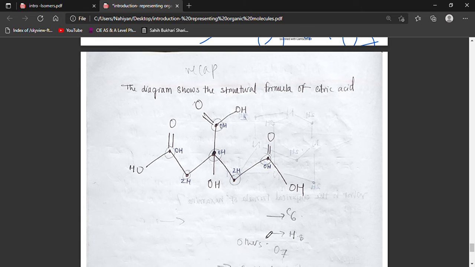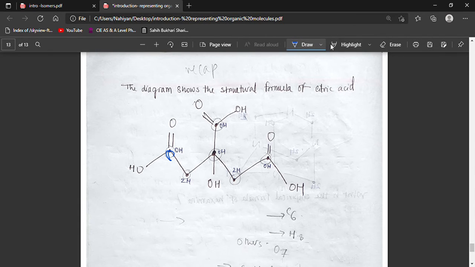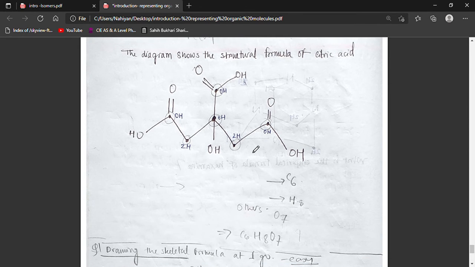So first, this is a carbon atom, and let's find out the extended lines.